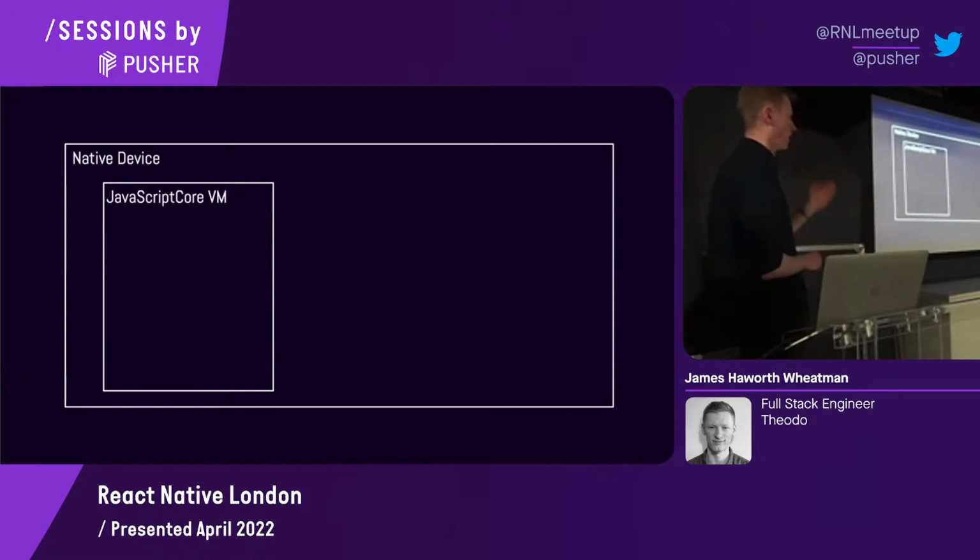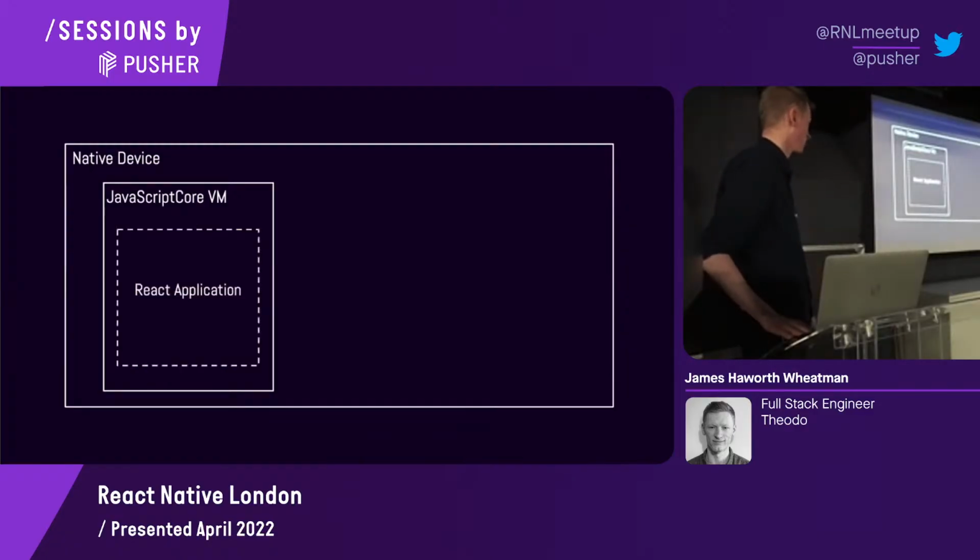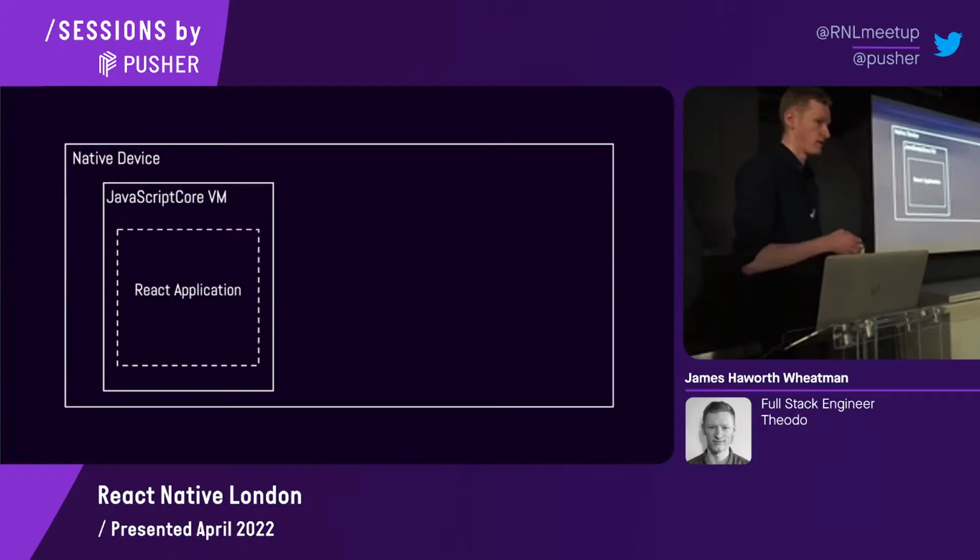And you can interact with this through a C-based API, which comes with the VM. And then on that engine, you're running your React application. And this just deals with the reconciliation and the business logic, exactly how you would expect to use React as a web developer.